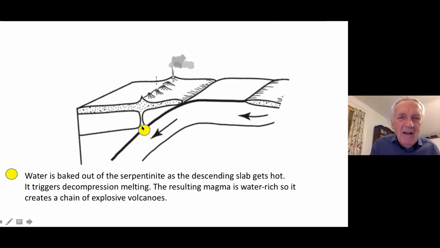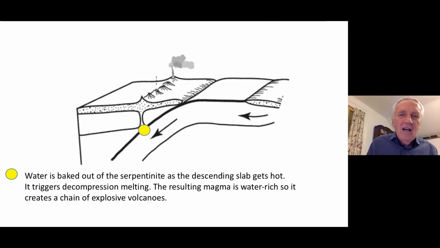But this magma is now full, charged with water. And as I mentioned last week, magma that's charged with water erupts in an explosive way because that steam suddenly escapes once the pressure comes off near the surface.